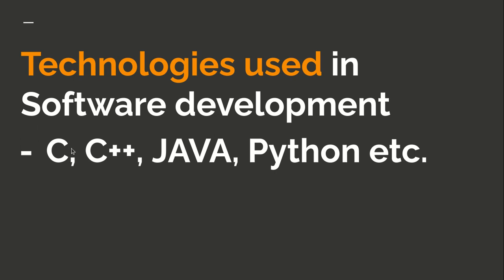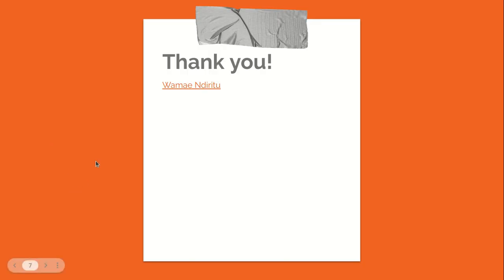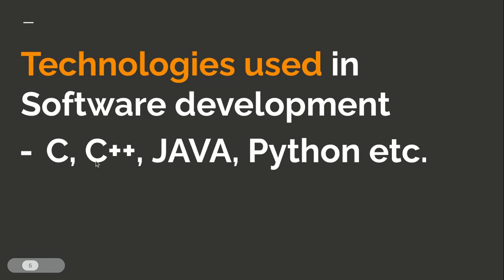We have a language such as C. C is a low-level programming language, and this can be used well to interact with something like the operating system, because it can allow you to perform various tasks such as managing the memory of a computer.